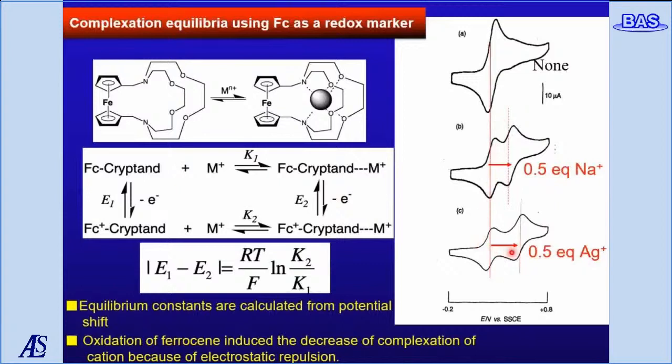The potential shift from the original peak potential indicates the strength of the complexation. By considering the square scheme, including complexation and electron transfer in each chemical species, the potential change is related to the equilibrium constant K. Therefore, the equilibrium constant can be calculated by considering the thermodynamic cycles.